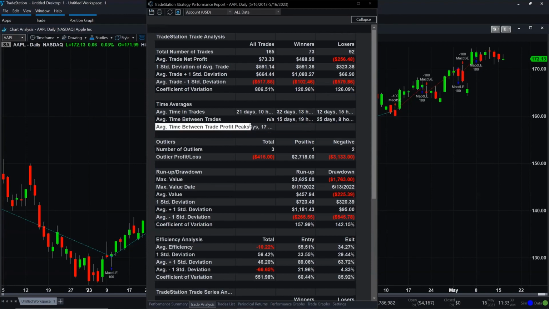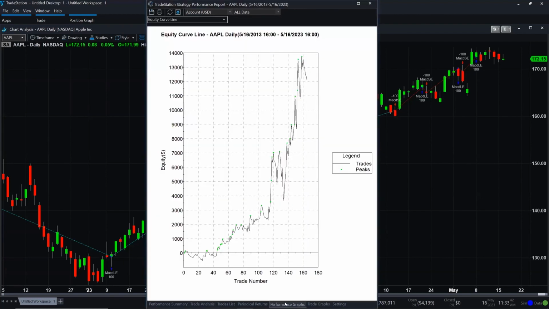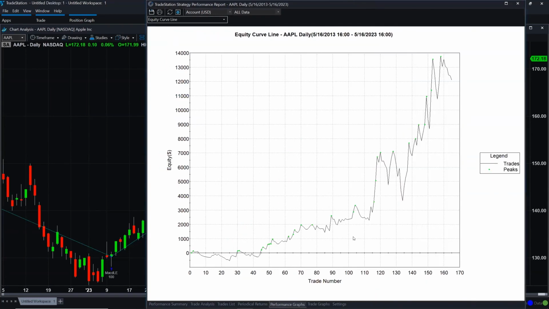Well, this is very connected to an equity curve line. So if I come over here to my performance graphs, just a moment so you can see my equity curve line. This is my graph right here. Let me make it bigger horizontally. There we go. The peaks that my report is talking about are those green dots that you see on this line, which is my equity curve line.